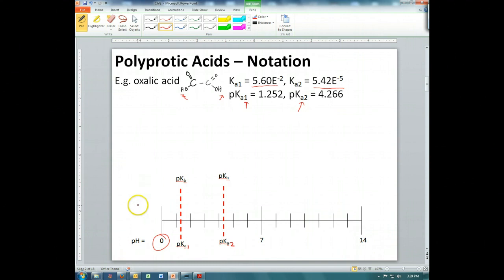Now, we've also learned that we can be talking about pOH. And we know that pH plus pOH will equal up to 14. Now, that also tells us that if we're at pH of 1, pOH must be 13. In other words, it's going to just be a reverse of this process. So the order is just going to be reversed.